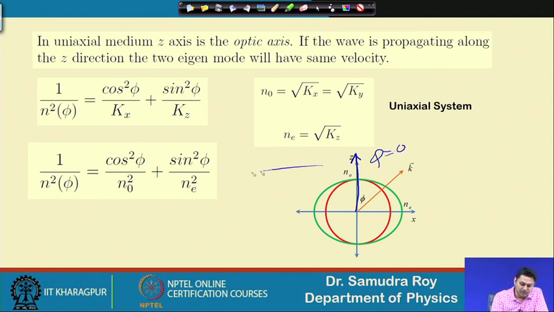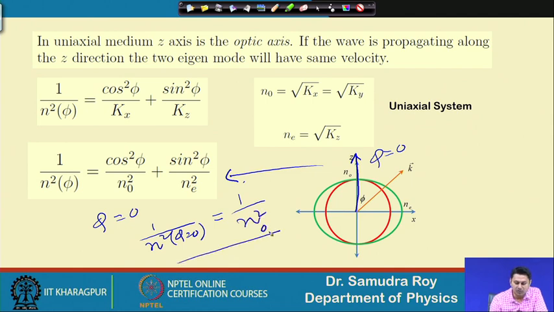If I put phi equal to 0 in this equation, 1 divided by n squared equals 1 divided by NO squared, because the general term vanishes. So the refractive index will be equal to NO. You can see that at that point the refractive index is NO. That means along this direction the refractive index is the same for the O ray and the E ray.